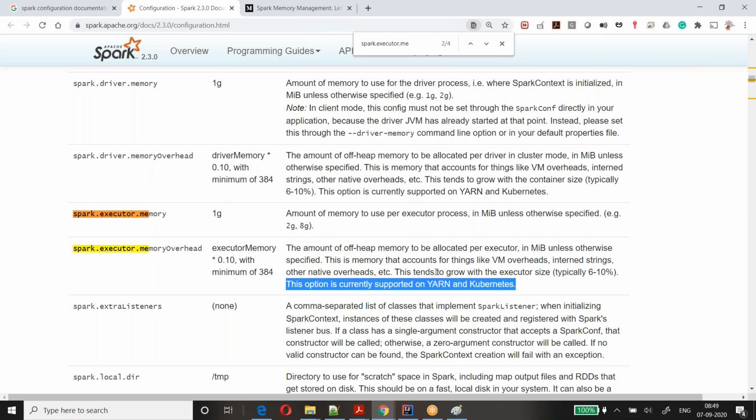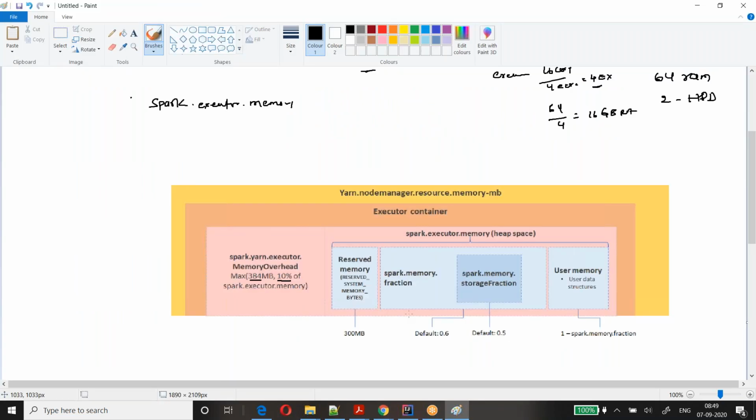What is executor memory talking about? The memory that has been allocated for the process. Let's take an example as per this diagram. Let's say I have allocated 4 GB for the job. What will your process do?